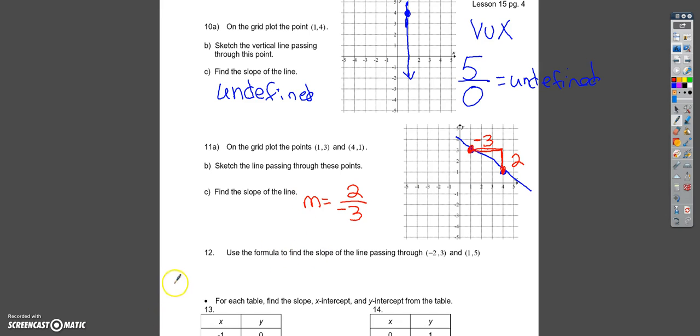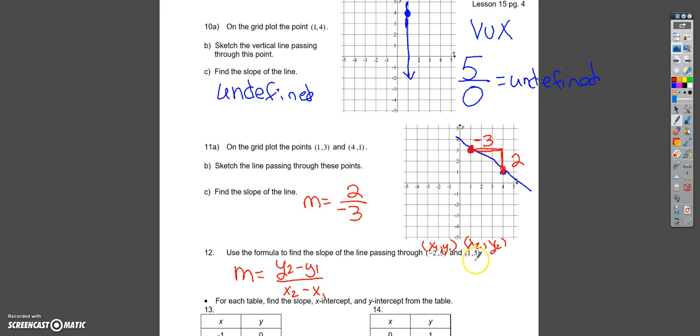So that's our slope. This is use the formula. The formula was y2 minus y1 over x2 minus x1. So this would be x1 comma y1, because that's our first point, and this is x2 comma y2, that's our second point.